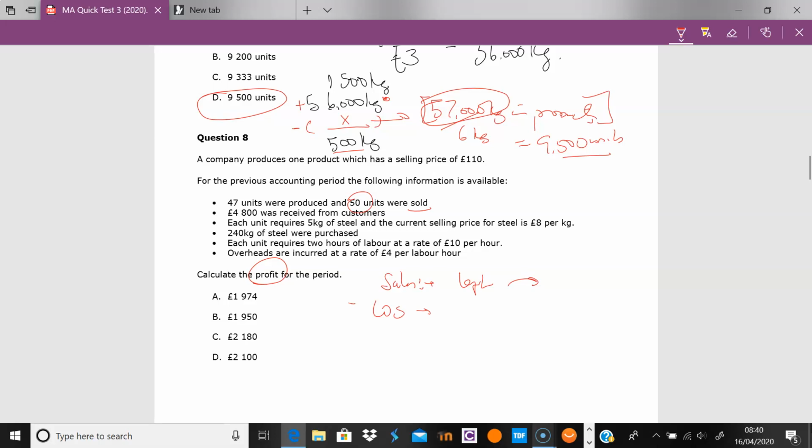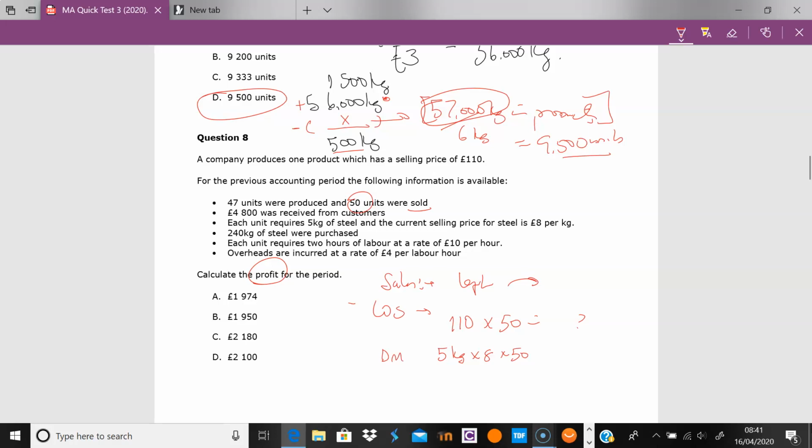So we know the sale is at 110 times 50. Get your figure. So the question here is, what is the cost of 50 units? It is as straightforward as it is. Each unit requires 5 kilograms of steel, and each kilogram is at £8. So that's the direct material. Each unit requires 2 hours of direct labor.